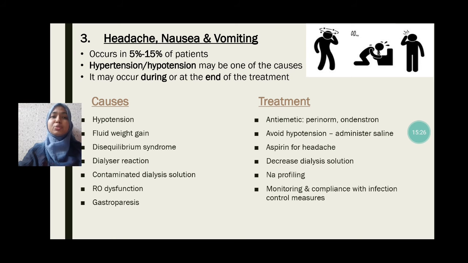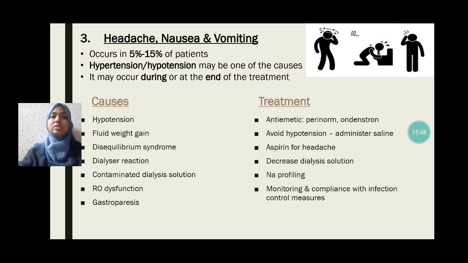Okay, so treatment. In case of hypotension, we need to give a proper sodium profiling. If vomiting, then the patient will be given antiemetics, that is, medicines that are used to stop vomiting. Aspirin can be used for headache.